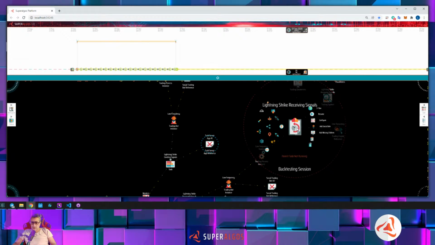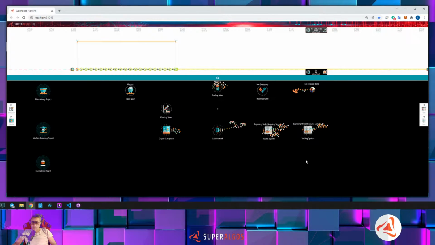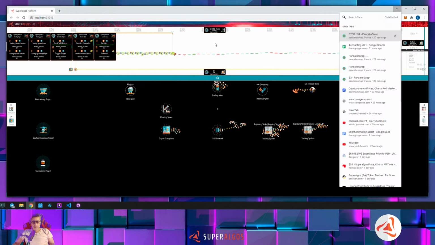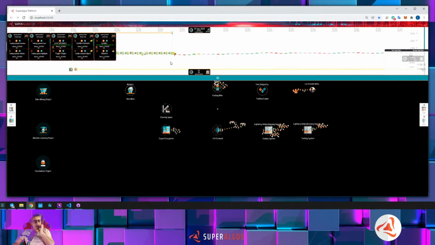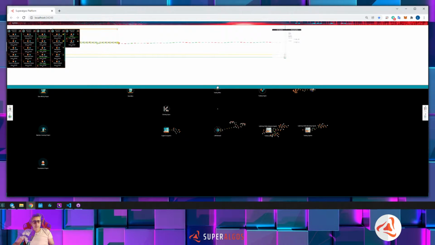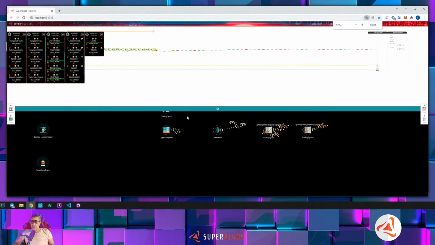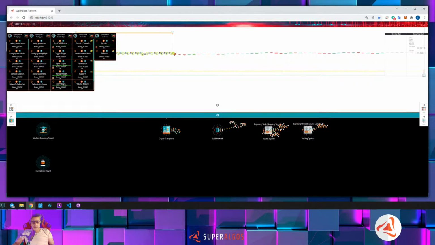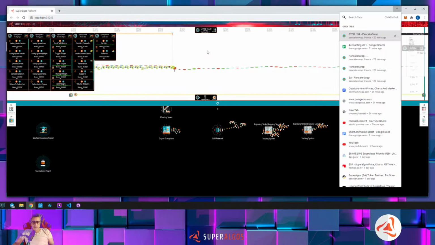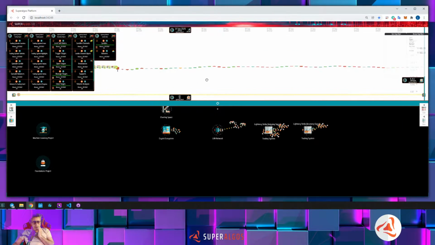What is this red? Okay, so I'm going to reorganize this. Maybe I will zoom out the browser a little bit because, well, maybe it's too much.